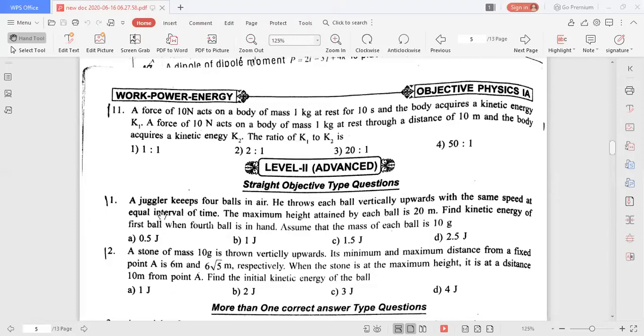In the next case, the same force is applied on a body for a distance of 10 meter, then the change in kinetic energy in the second case is equal to K2. Then what about the ratio between K1 to K2? That is the question they asked. It's a somewhat important problem. Now all of you look at the board.